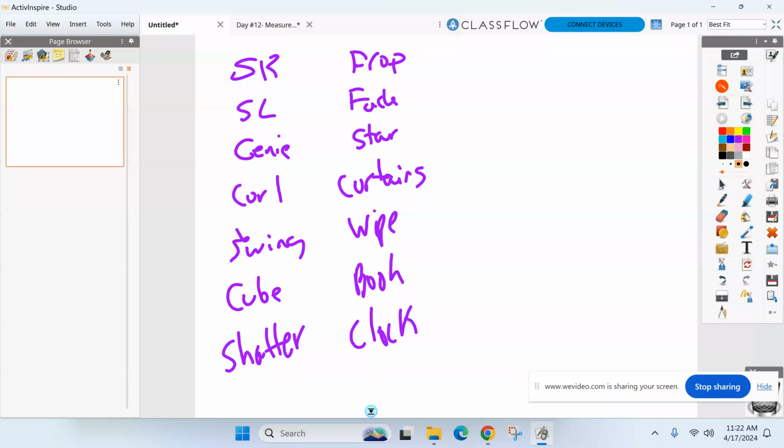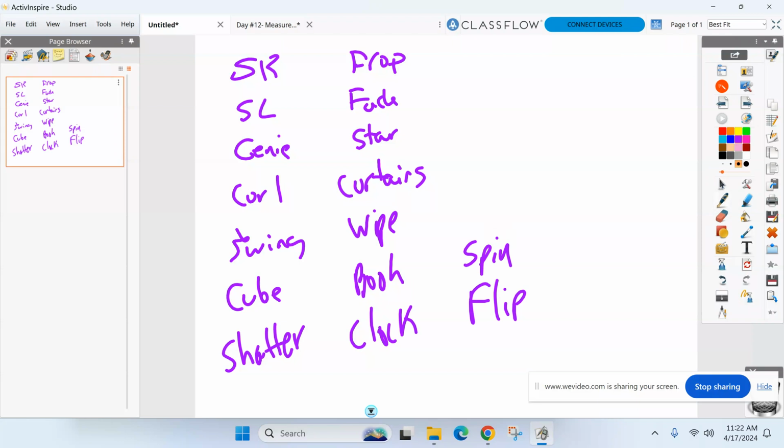I already have cube, flip, spin. So genie is already up there. 1, 2, 3, 4, 5, 6, 7, 14, 15, 16.